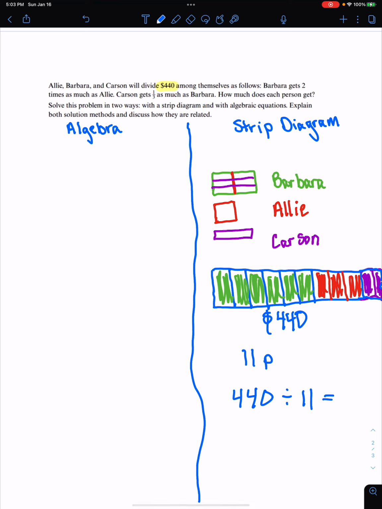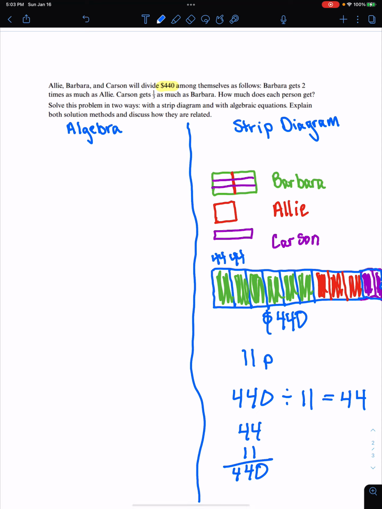All right, so if we divide 440 by 11, we get $44. Is that right? 44 times 11 is 440. So each piece is worth $44.